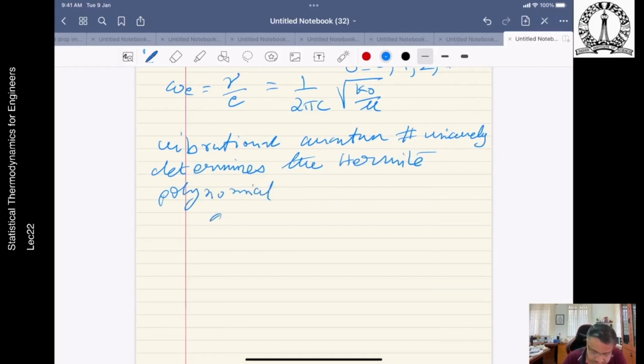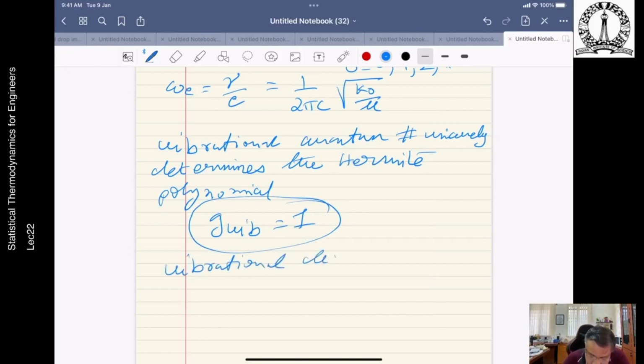In other words, the g vibrational is equal to 1. That essentially means that the vibrational degeneracy is equal to 1. There is only one way that you can have a vibrational mode.